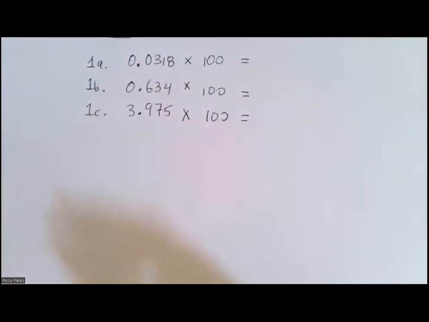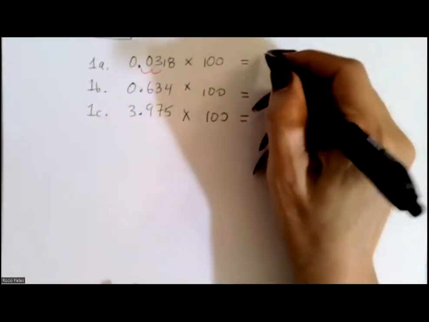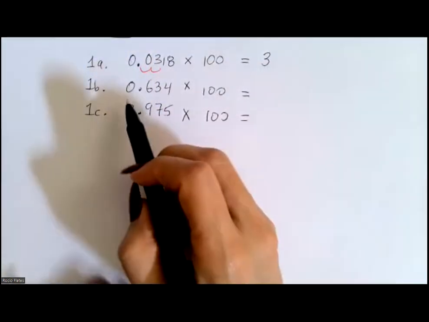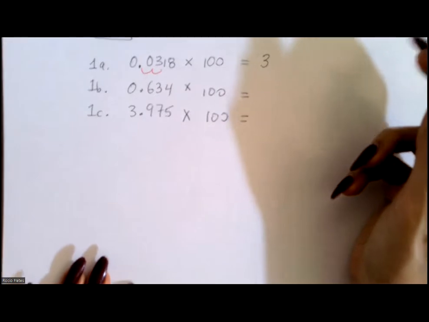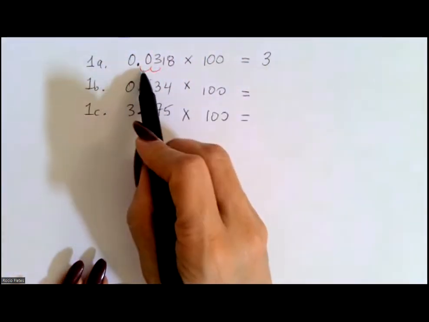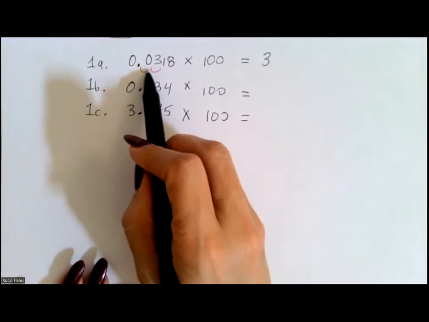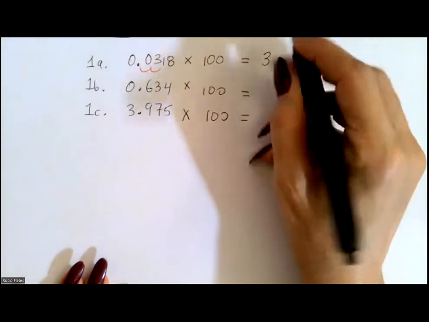We don't necessarily get rid of the decimal point. We may, if we end up with a whole number as a percent, but in this case, we are not going to get rid of it. It just simply is going to move after the 3, right?